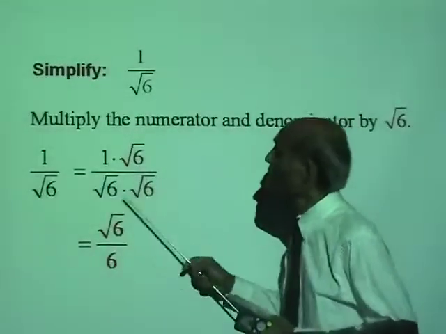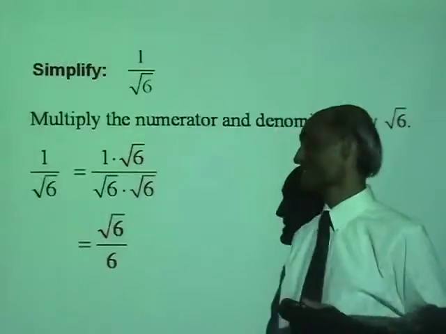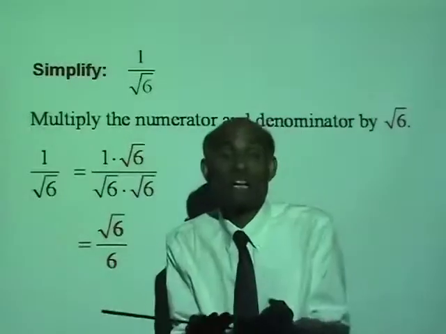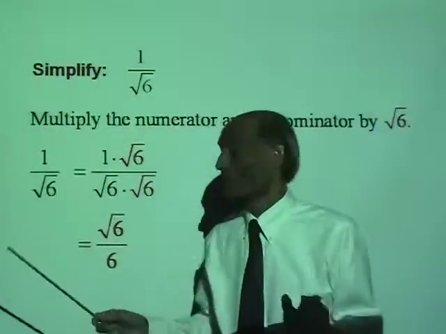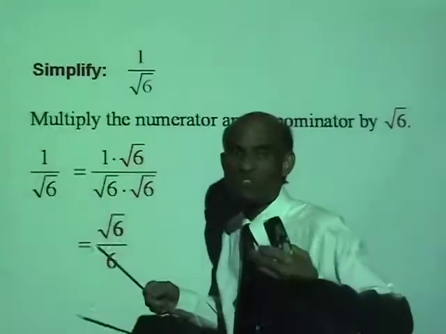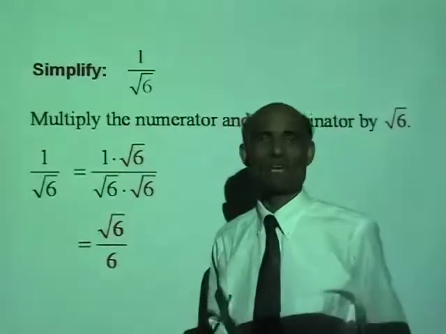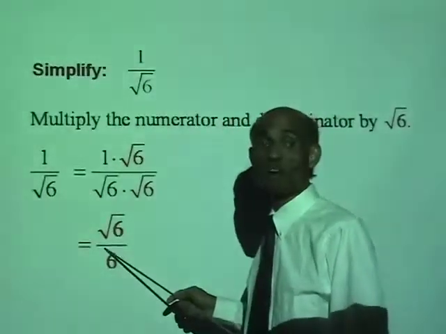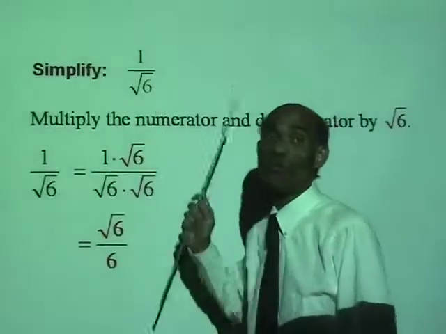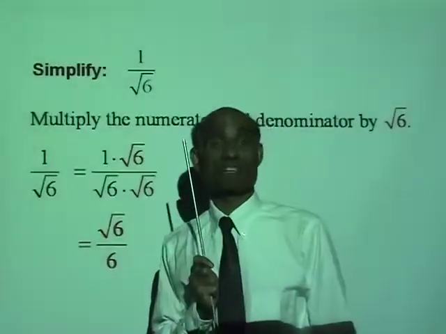So this is now square root 6 over 6. The radical sign is gone from the denominator. We have achieved rationalization of the denominator. So this is the simplified form of 1 over square root 6.